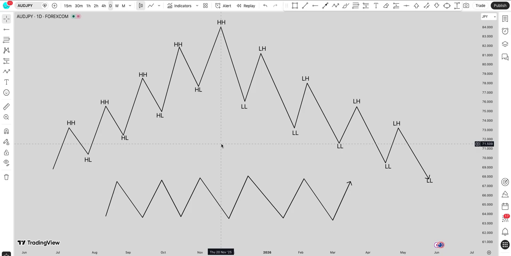Before we start identifying market structure, there is one important thing you need to understand: the time frames. The time frame you use to identify market structure should match the type of trader that you are. For example, if you are a swing trader, you may focus on the daily or 4-hour time frame.